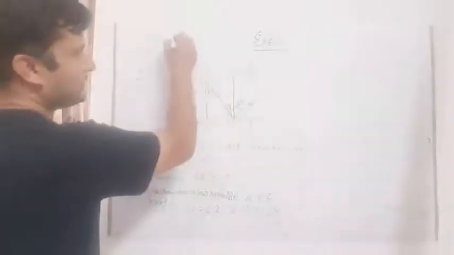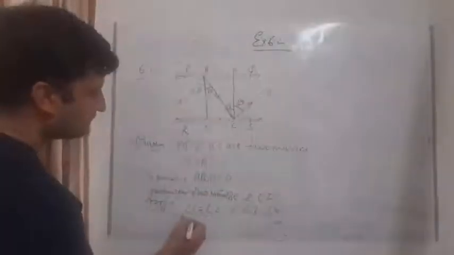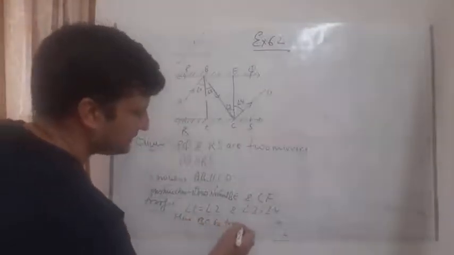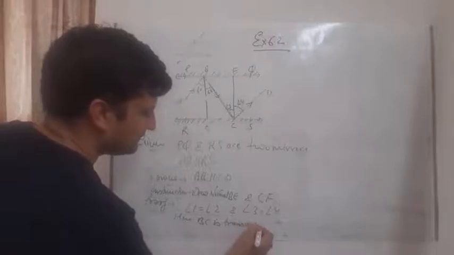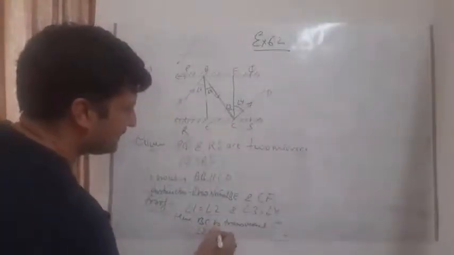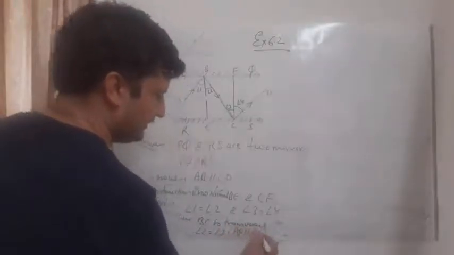Transversal means, I have already told you, students, if any line cuts like this, then this is called a transversal. We can say that here BC is a transversal. So we can say that angle 2 is equal to angle 3 because PQ is parallel to RS. It is given that. PQ is parallel to RS.